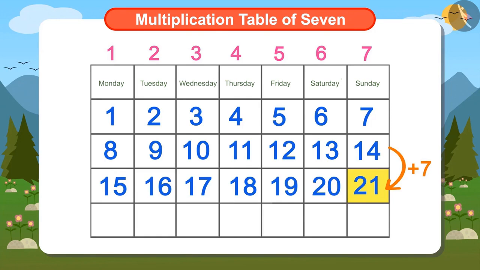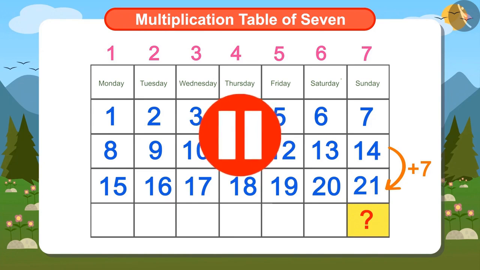Papa is now confident that Ayushman will be able to tell the date of the Sunday after 21st without paper and pen. Can you tell what the date will be on the following Sunday after 21st? Pause this video for a while and try to find out.